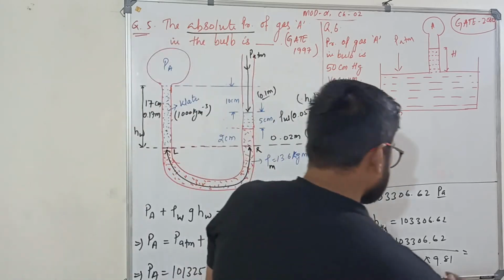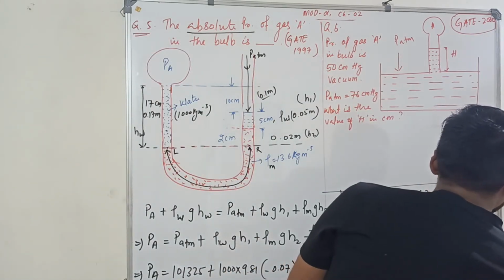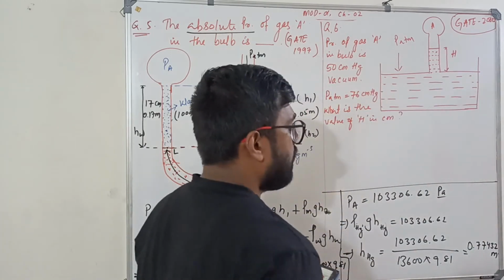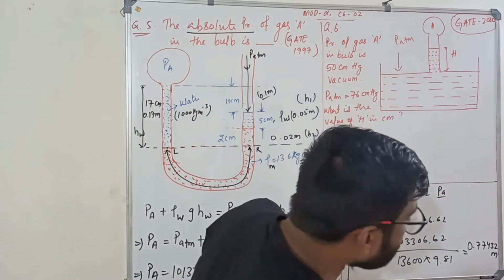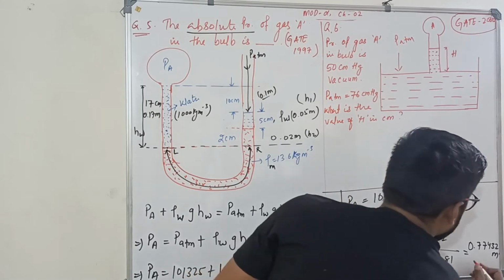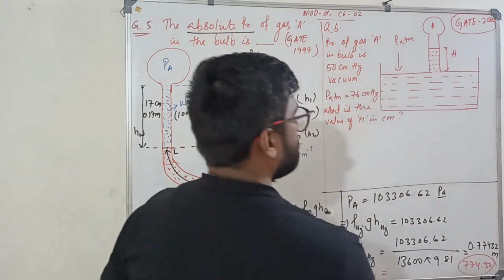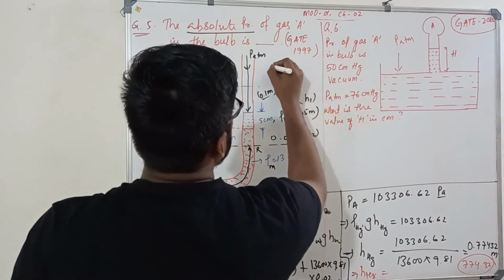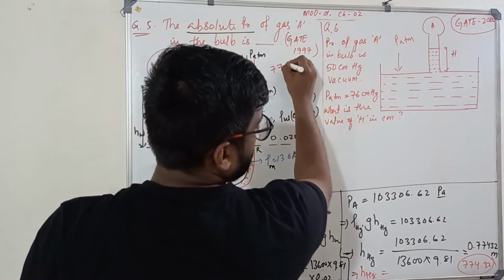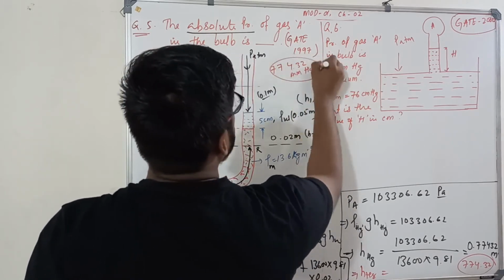I am getting an answer of 0.7742 meter. So convert into mm, multiply 1000. This implies H mercury is 774.32 mm of Hg. So the answer in terms of mm of Hg is 774.32 mm Hg.